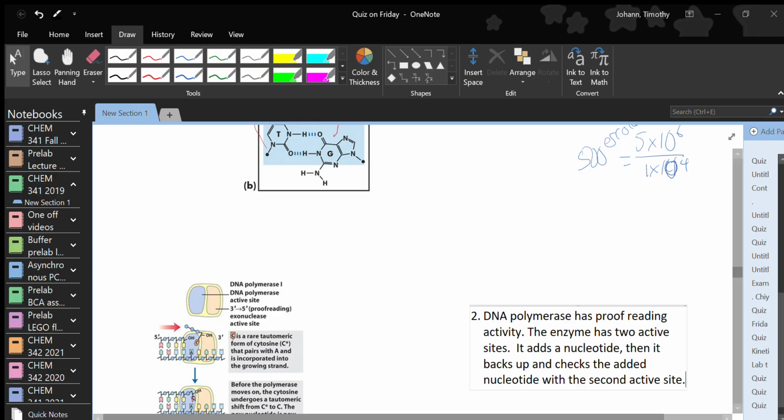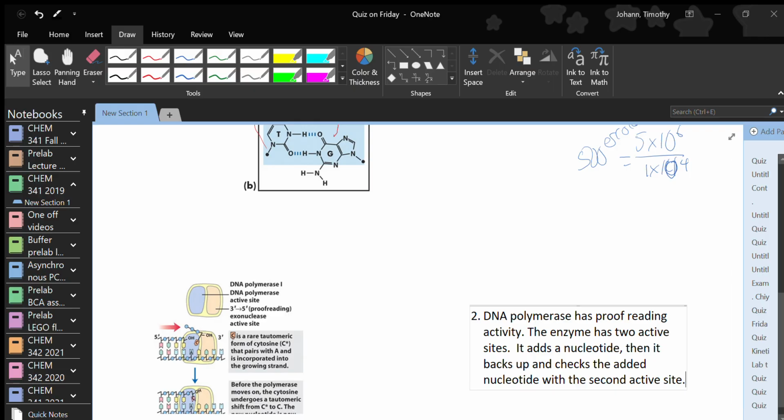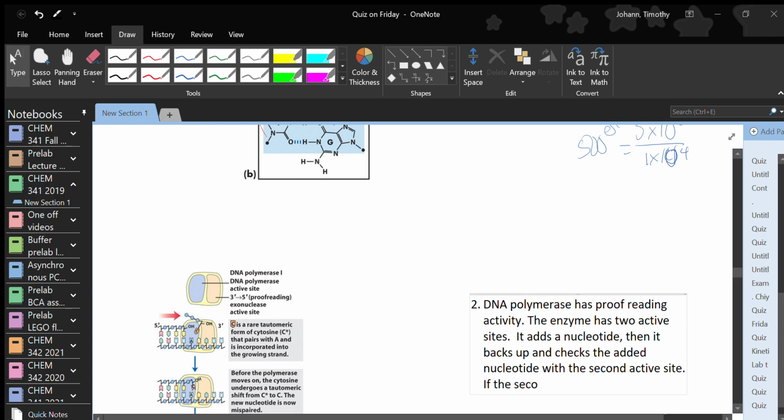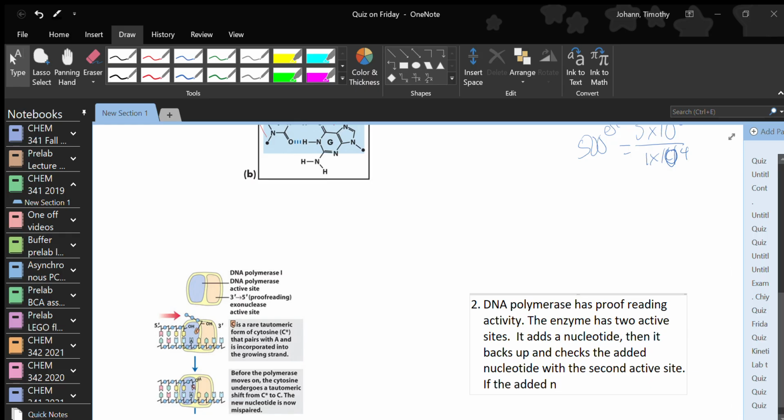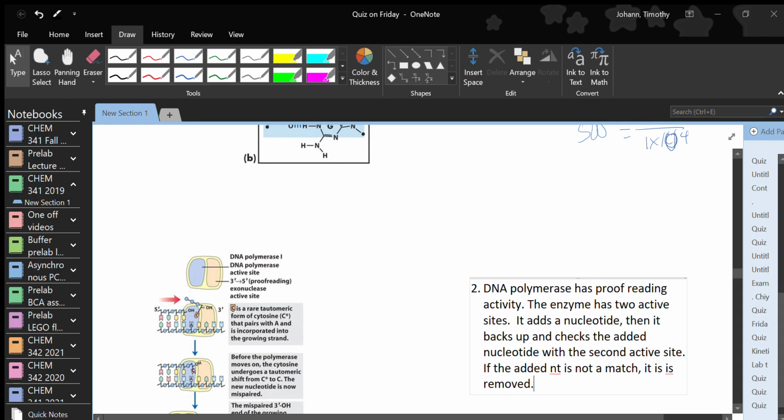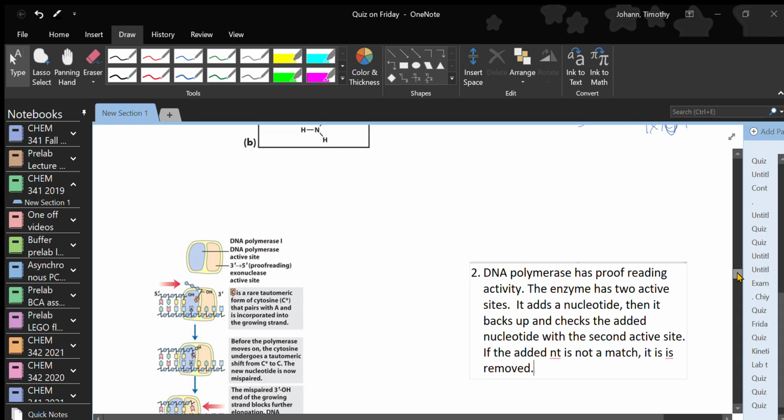If the added nucleotide is not a match, it is removed. That's the process that goes on.